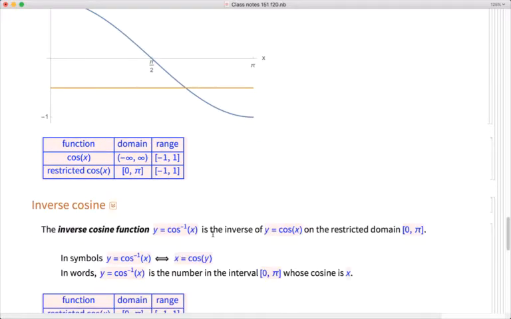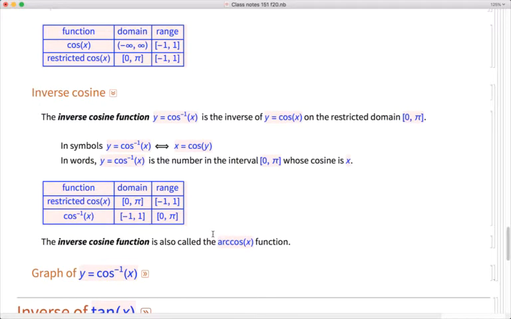Okay, so the inverse of cosine, denoted cosine to the -1, is the inverse of the cosine function, but on this restricted domain, just from 0 to pi. Again, in symbols or in words, I'll focus on the words: inverse cosine x is the number in the specified interval whose cosine equals x.